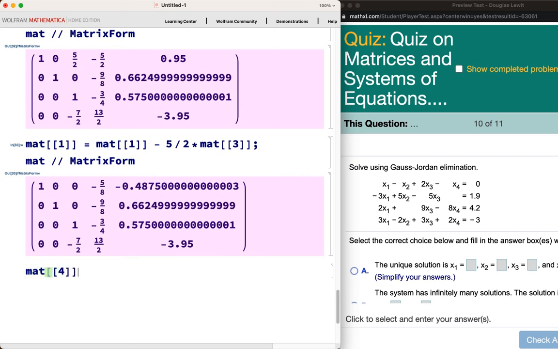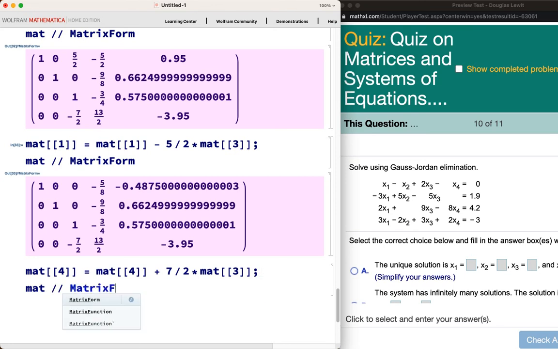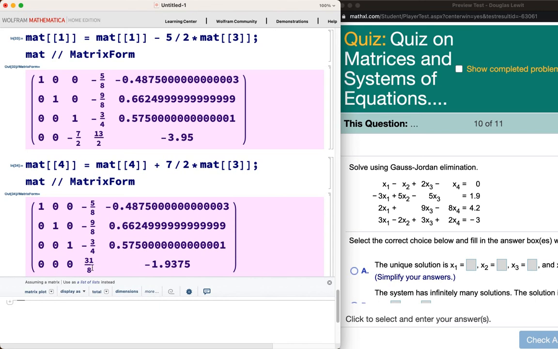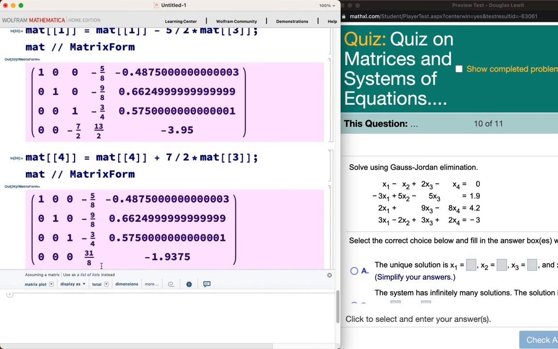So the new fourth row is equal to the old fourth row plus 7/2 times the third row.